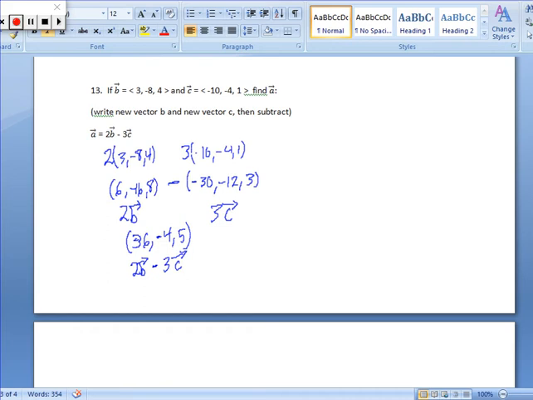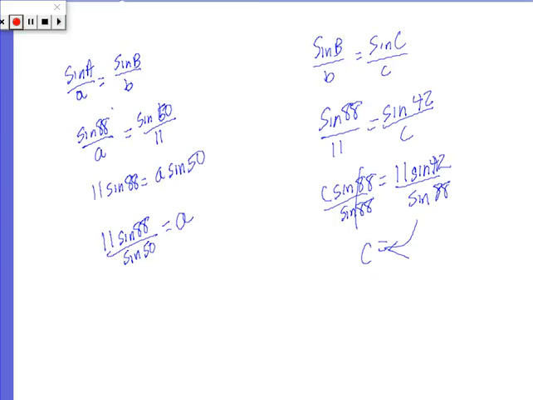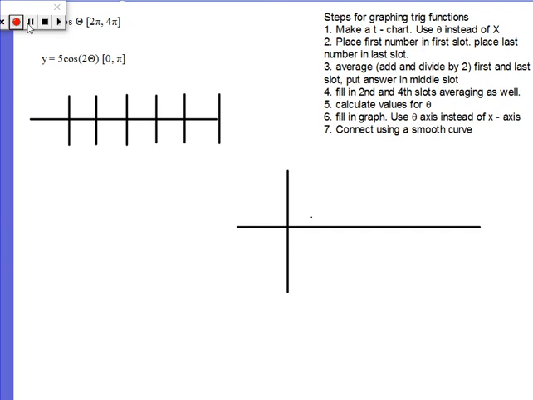I'm going to go back up to the top where I was supposed to graph. So the first one I'm going to graph is cosine theta between 2 pi and 4 pi. So remember, I'm going to make a t-chart, use theta instead of x. So here's theta, and here is y equals cosine theta.